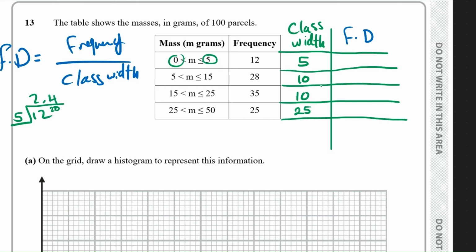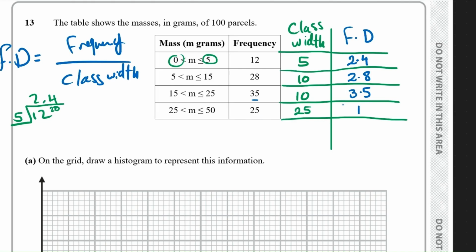So the frequency density here is 2.4 for the first case, and for the second one, 28 divided by 10 is 2.8, and then 35 divided by 10 is 3.5, and then 25 divided by 25 is 1.